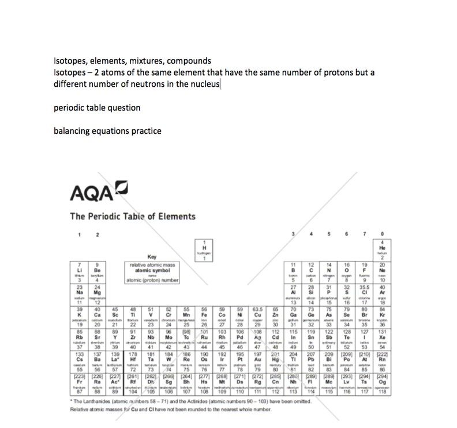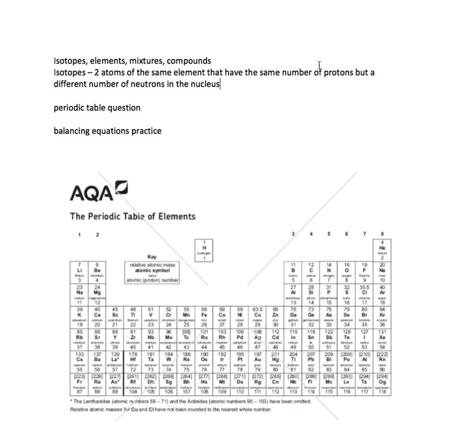in the nucleus. Now, you might say, well, of course they're in the nucleus, they couldn't be anywhere else. But the reason I'm including the words in the nucleus is so that I show my examiner I know that the protons and neutrons are in the nucleus. And the point about isotopes is that they have the same chemical properties.